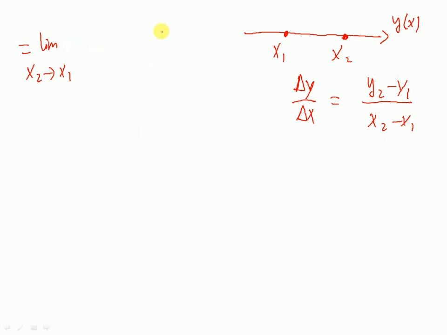When delta x approaches 0, that means x2 and x1 are very close to each other, or x2 is approaching the value of x1, so that x2 minus x1 becomes 0. So the limit becomes the limit as x2 goes to x1, and the output is f(x2) minus f(x1), the change in y, over x2 minus x1, the change in x.